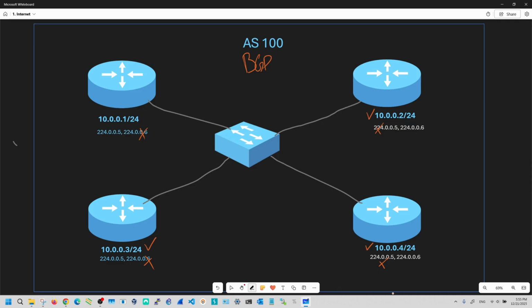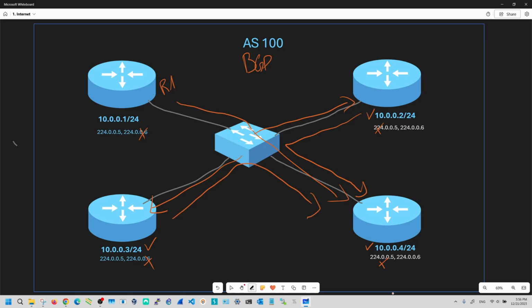So if you wanted here as router 1 to exchange routes with all these routers here, you would need to create a single BGP neighborship with every single one of these. And it goes for every other router. If they want to exchange IP reachability information, they need to create unicast IP neighborships. That's why BGP is mostly used between autonomous systems, and other protocols like OSPF and EIGRP are used within autonomous systems.